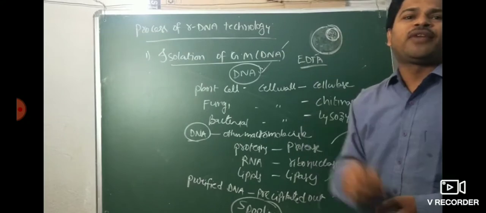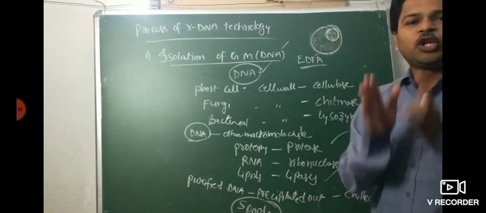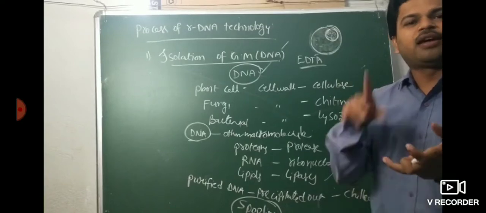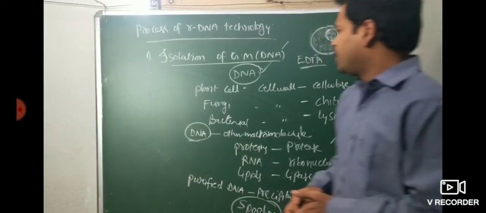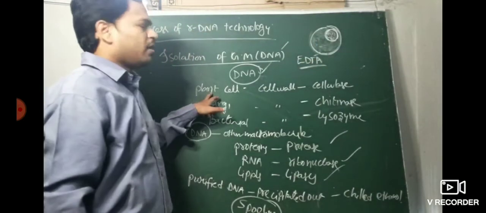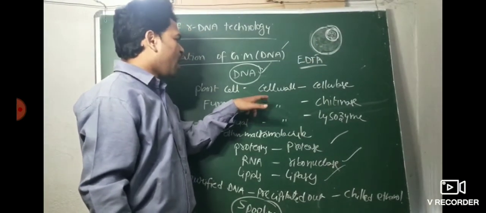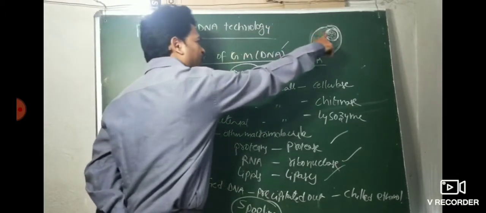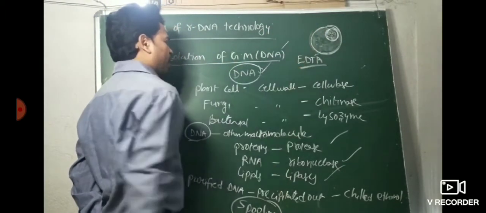To get the purified form of DNA, we need to open the cell walls of the cell, either plant or animal cell. For example, this is a plant cell. The outermost layer, as we know very well, is the cell wall. If we want to get the DNA, first we need to break the cell wall.